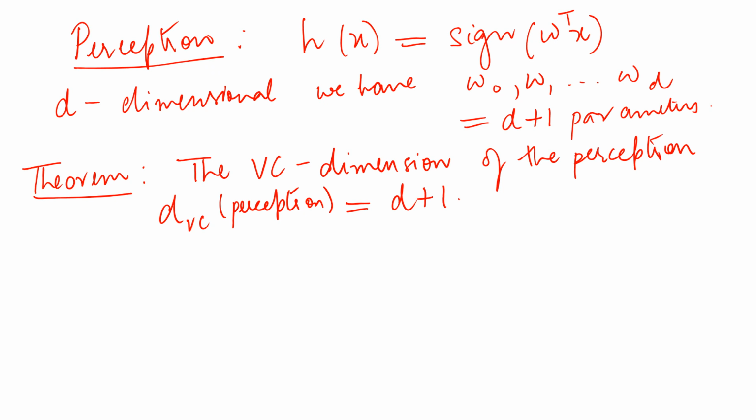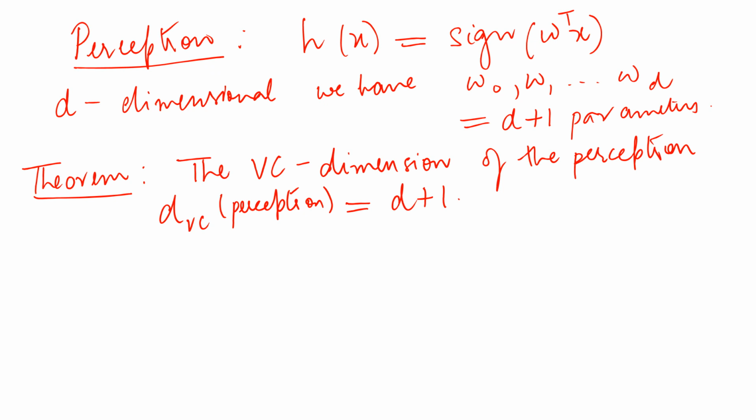This is indeed a very useful result because it's quite small. And it's a good result because you mostly will be working with d-dimensional data, and you have at least these many dimensions to work with. And the Perceptron achieves this d plus 1 complexity.